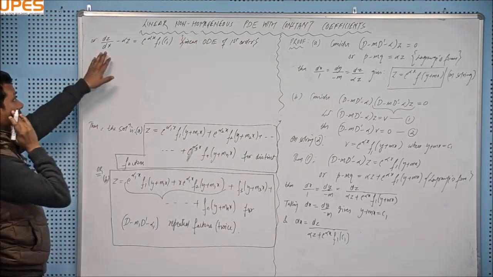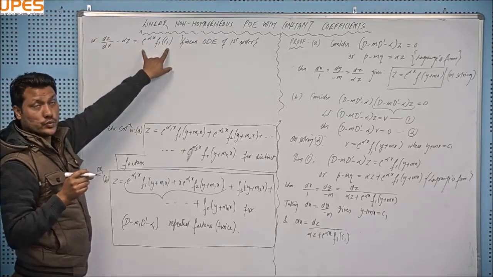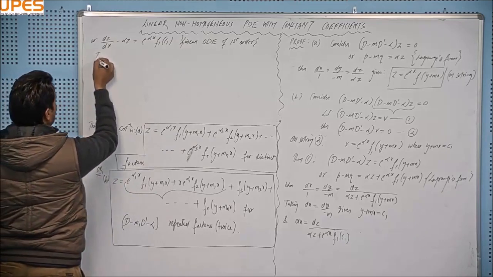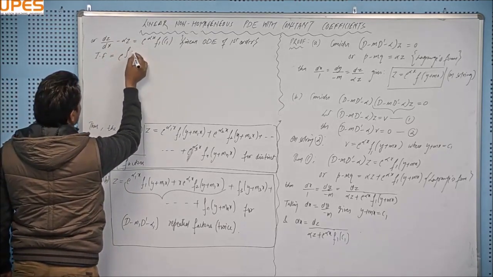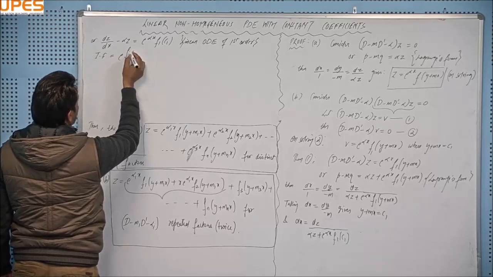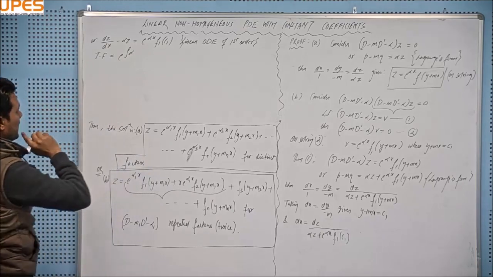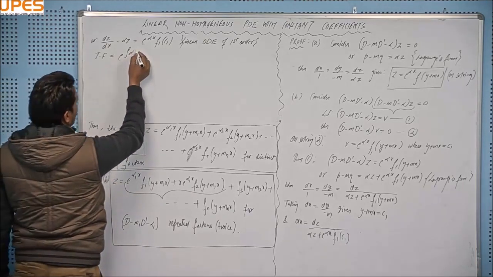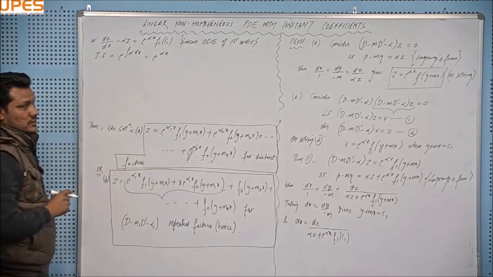You know how to solve this equation. Compare it with dz by dx plus pz is equal to q, then you find the integrating factor and so on. The integrating factor will be given by e to the power integral of p dx, where p is minus alpha, so it is e to the power minus alpha x.